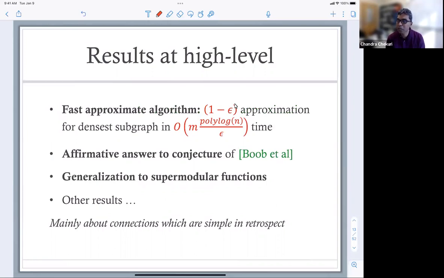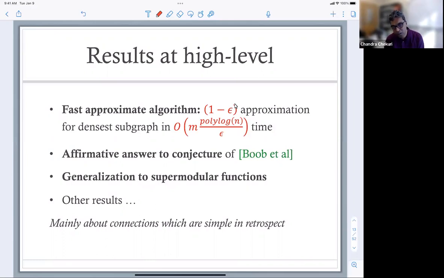In particular, the dependence on epsilon is only 1 over epsilon as opposed to 1 over epsilon squared. So in m polylog n over epsilon time, you can get a 1 minus epsilon approximation, which is currently the fastest algorithm for this problem in terms of approximation. And the second thing is that we answered affirmatively this very interesting conjecture made in this paper, which will take me some time to get to.